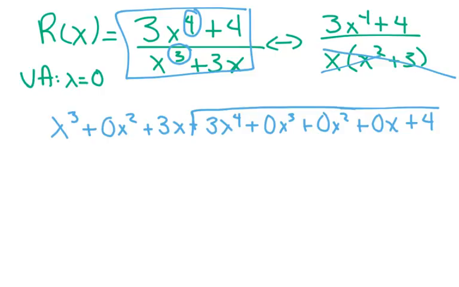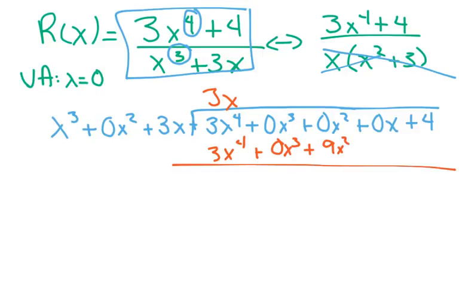And you just simply divide here, and you're going to get 3x to the 4th plus 0x cubed plus 9x squared. And we're going to subtract, and here we get negative 9x squared plus 0x plus 4.